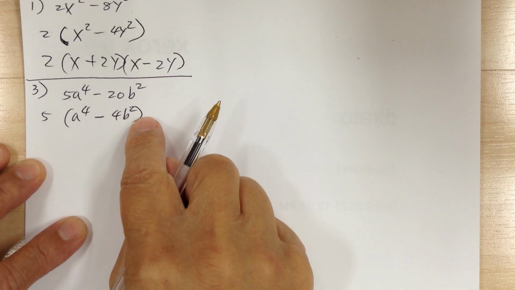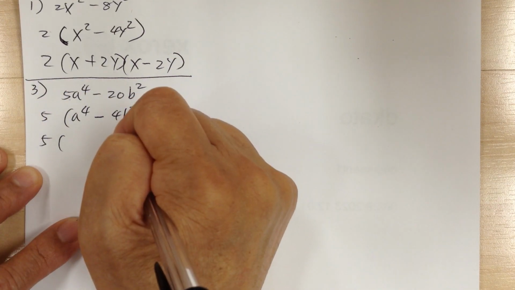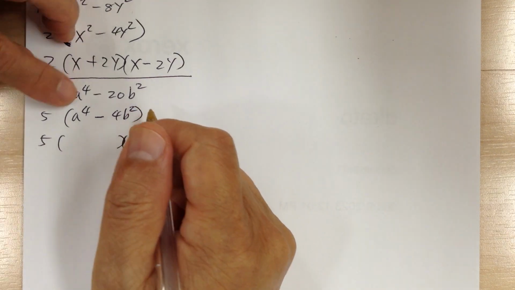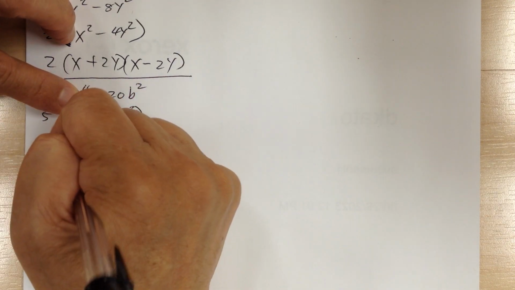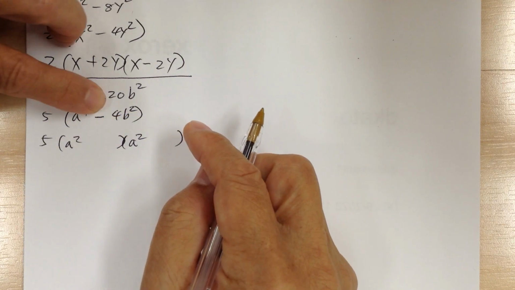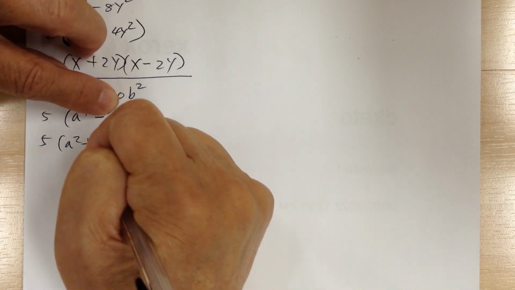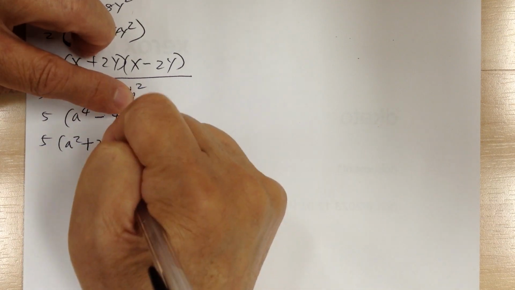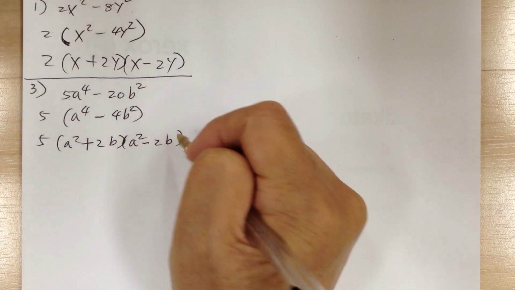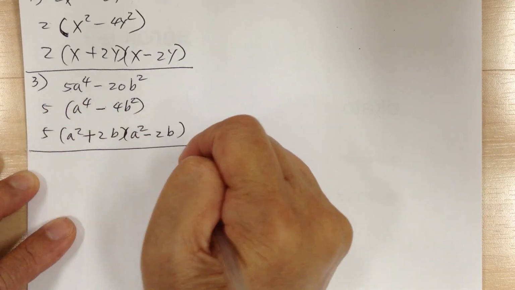So again, all these are perfect squares, so you can break into 2 sets of parentheses. To get a to the 4, you need to get a squared, a squared. So this is step 2a. To get minus, you need plus times minus. 2 times 2 give you 4. B times b give you b squared. And check to see if you can factor. So this is it. You cannot do any more.